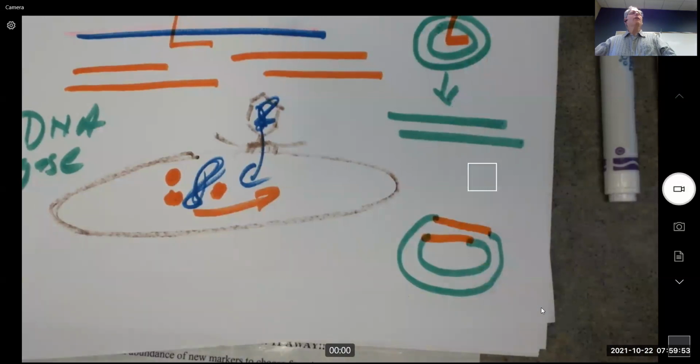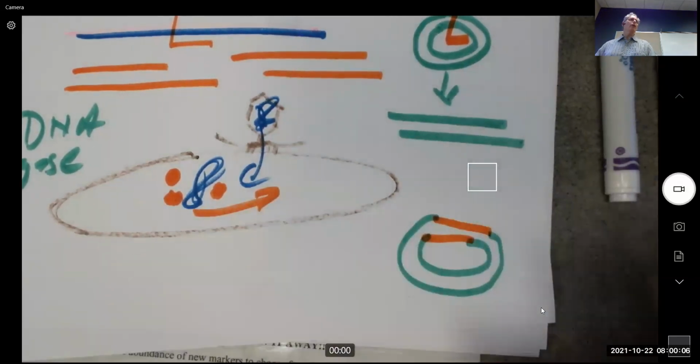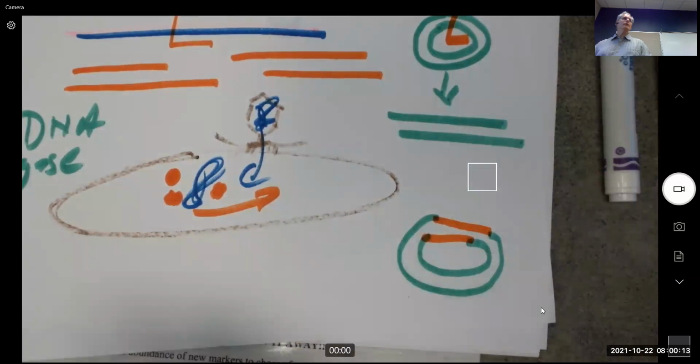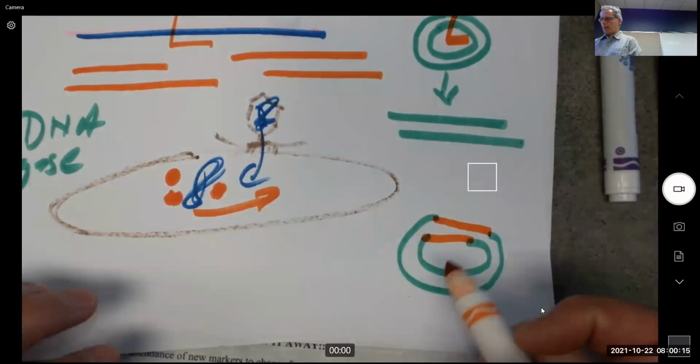That's exactly the first recombinant DNA experiment that was done by Stanley Cohen and Herbert Boyer in 1976. It was published in Proceedings of the National Academy of Sciences. This has revolutionized science. It's revolutionized biology. It's revolutionized medicine in particular.